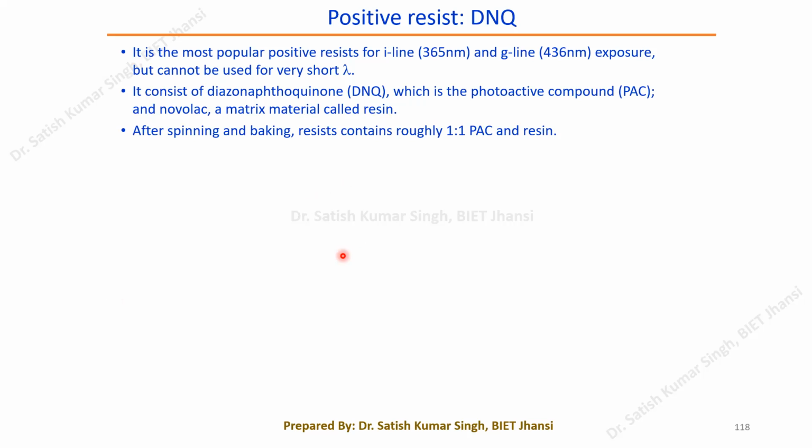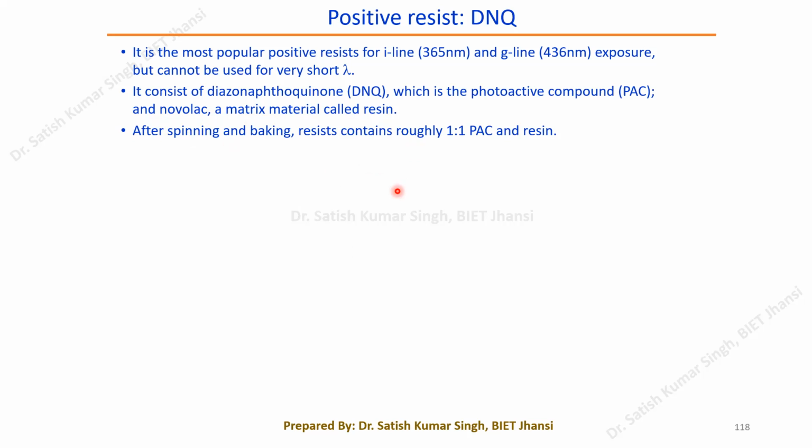The very basic materials we have to use for positive photoresist: first of all, Novolac, which is our resin. Novolac is our base material, so that material will be used as the base material or resin.